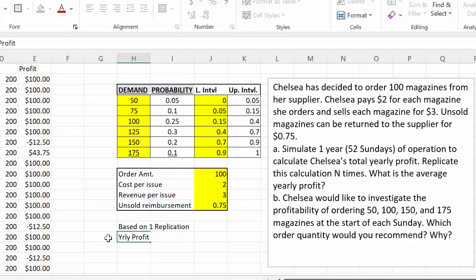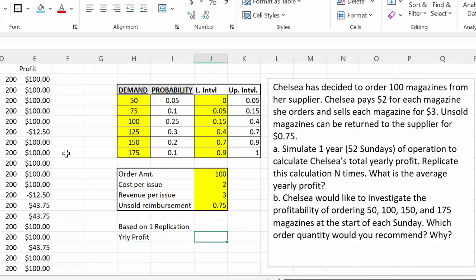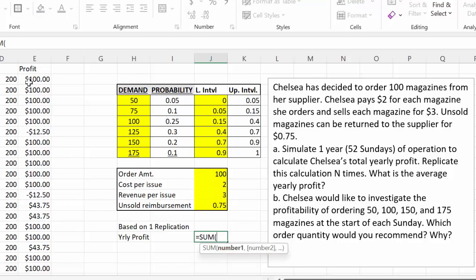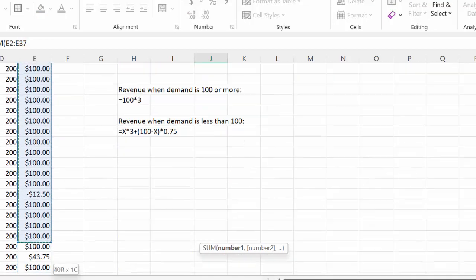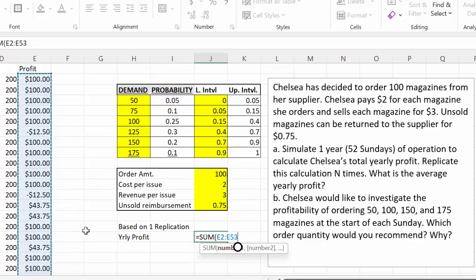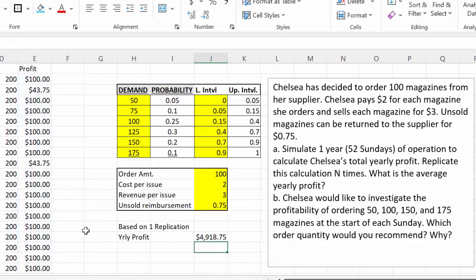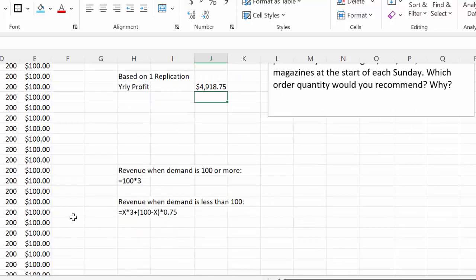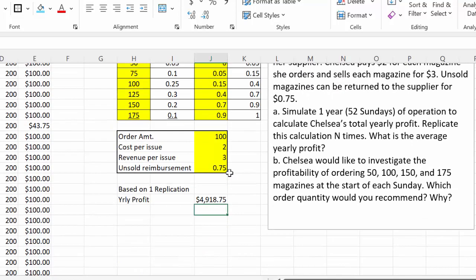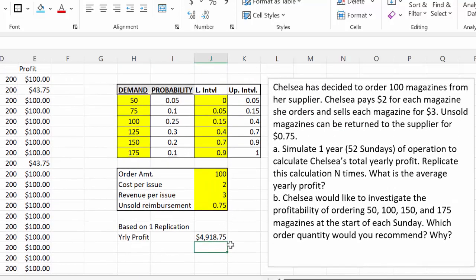So yearly profit would be just the sum. Remember, all these profits that we have are for the weeks, but they want to look at it from an annual point of view, so we sum those up. Notice that on some days you lost money, so that would bring down your yearly profit. It looks like it's just under 5,000. You could choose the empty cell, press delete, and notice how it changes, so it does have some variability here.